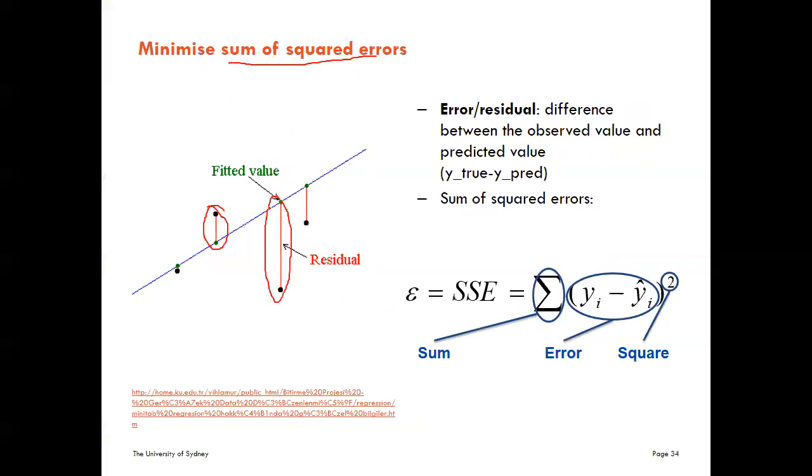The reason is that we want to get rid of the negative sign, so we square it and then we sum it. So that's why we call it sum of squared errors. So the bigger the number, the worse the result. So we want this number to be the smallest possible. So whenever we have an SSE for any model, we want the smallest possible number.